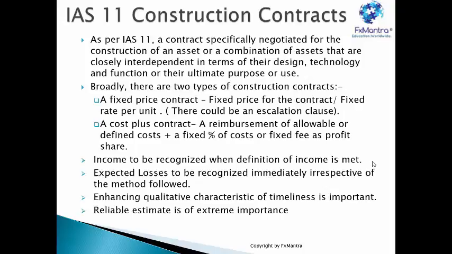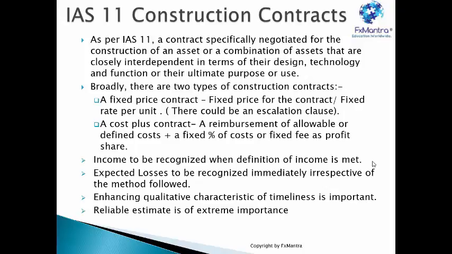Now, before getting into the terminology, look at the English word fixed price. It means that the price is fixed for the entire contract. Or if I am constructing something in units of output, probably I have a fixed rate per unit. Now, since practically these construction contracts are run over 4 to 5 years at times or even more than that, in 4 to 5 years of time, the prices of the raw materials could change.